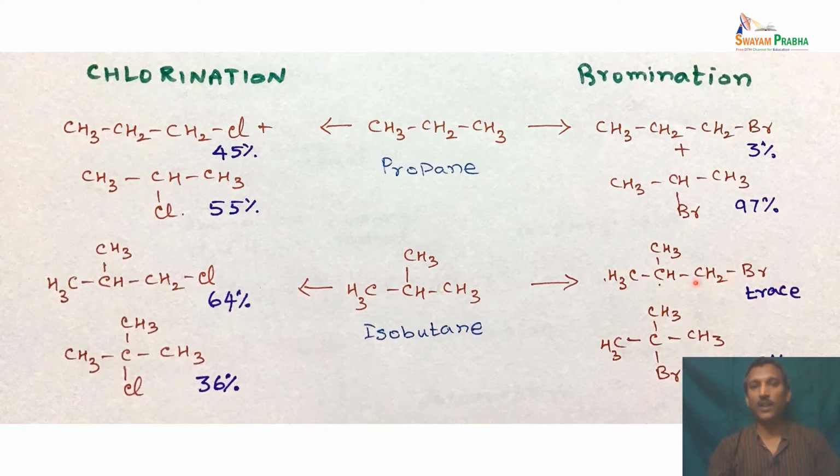In other words, we can say this is not at all formed. It is formed in very minute quantities, but the tertiary bromide is formed in large excess, 99+%. Now we will have to see why or how this difference happens when we run the chlorination reaction or bromination reaction.